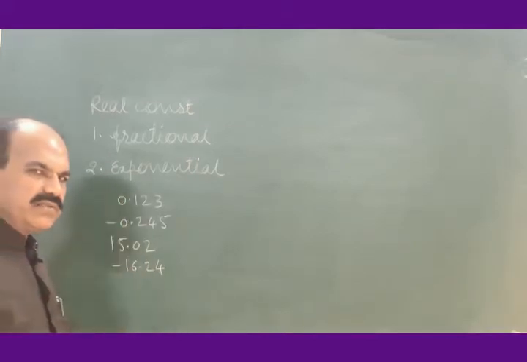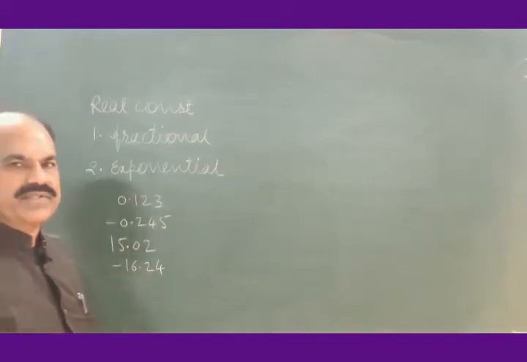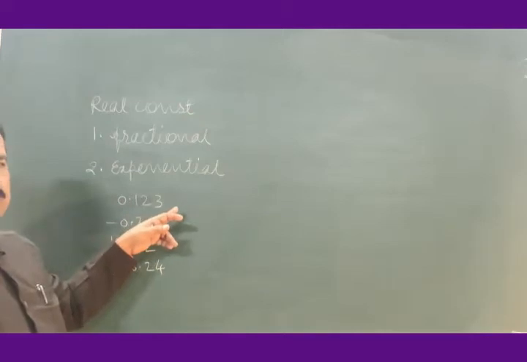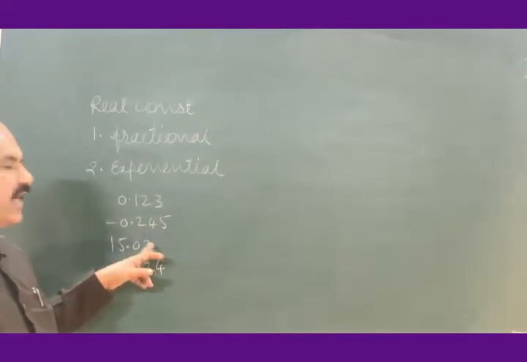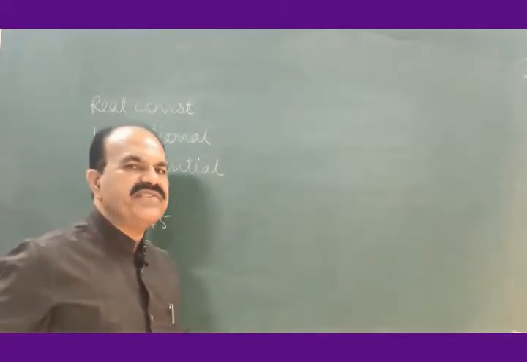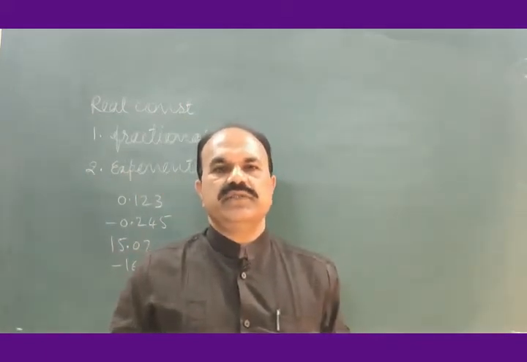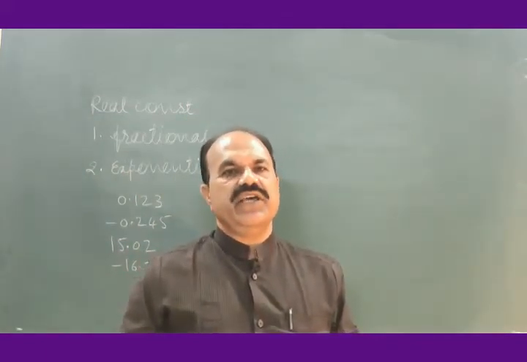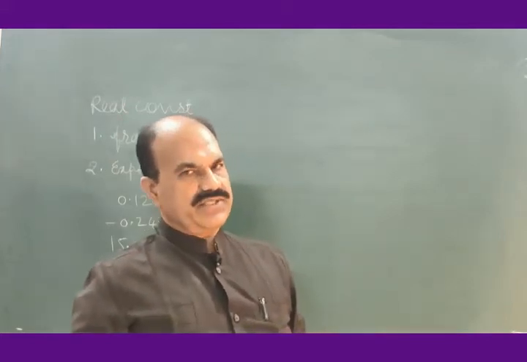All these are fractional form of real numbers. This is a fractional form of real number. This is a fractional form of real number. All these four. Actually, you can have many such examples. These are the examples of fractional real constants or fractional form of real constants.